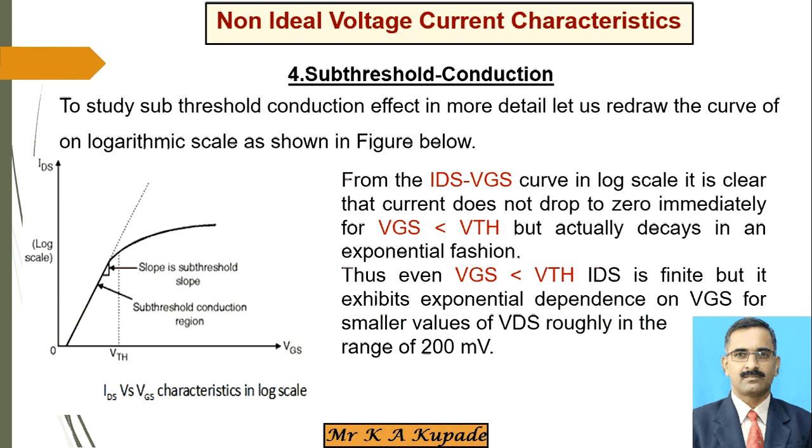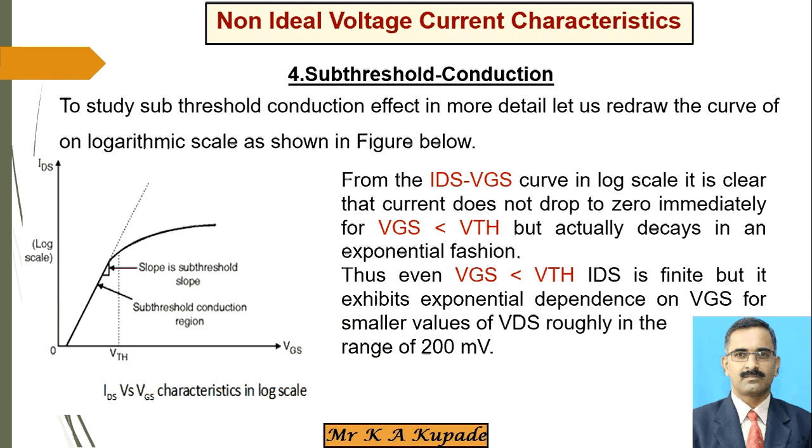Now, from this IDS versus VGS curve in log scale, it is clear that current does not drop directly to zero for VGS less than VTH, but actually decays in an exponential fashion. So even when VGS is less than VTH, IDS is finite, but it exhibits exponential dependence on VGS for smaller values of VGS, roughly in the range of 200 millivolt.